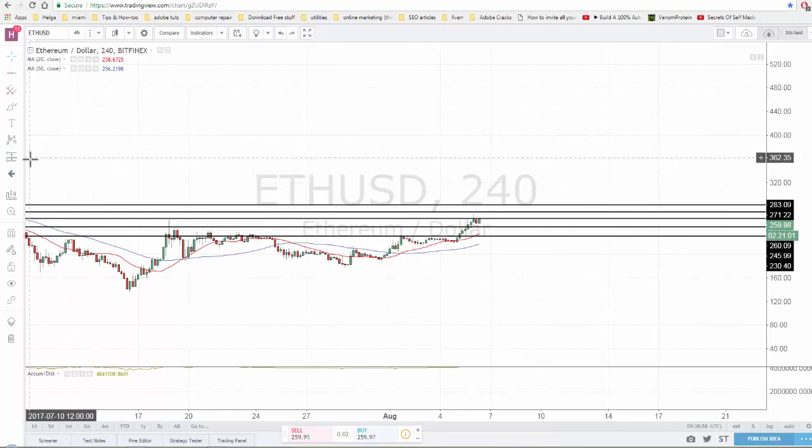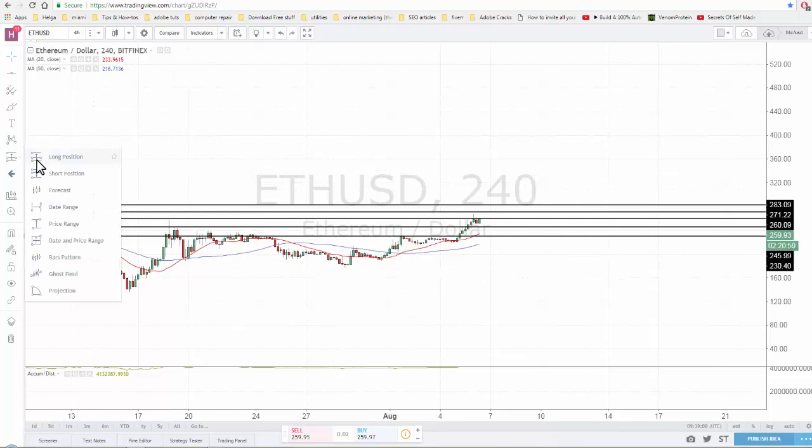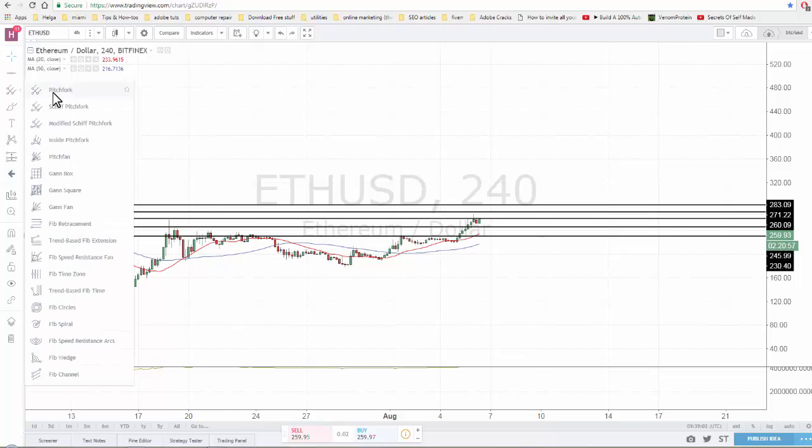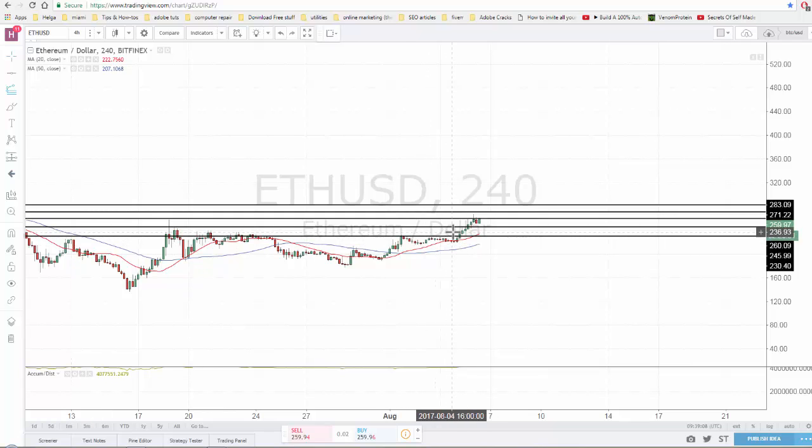So for this, use the Fibonacci Extension tool. I've been showing this in many of my videos, but I'll do it once more. So you select the Fibonacci Extension tool, and you go to the previous wave. You can identify the waves like this. This is point A, point B, and point C in the previous wave.